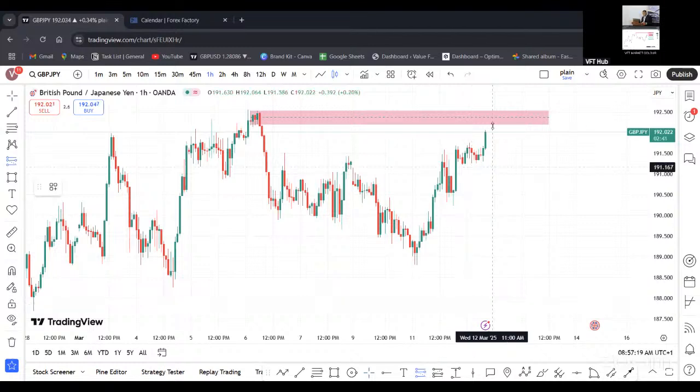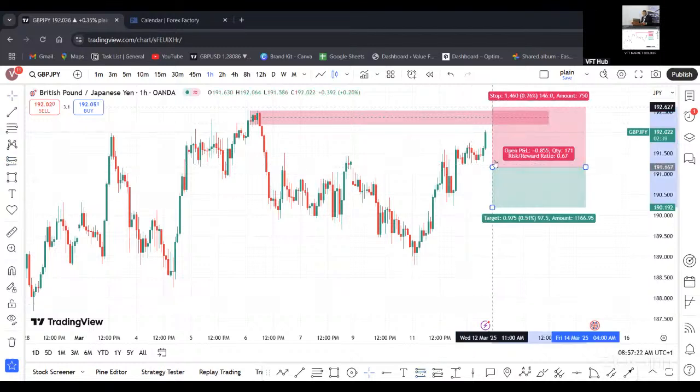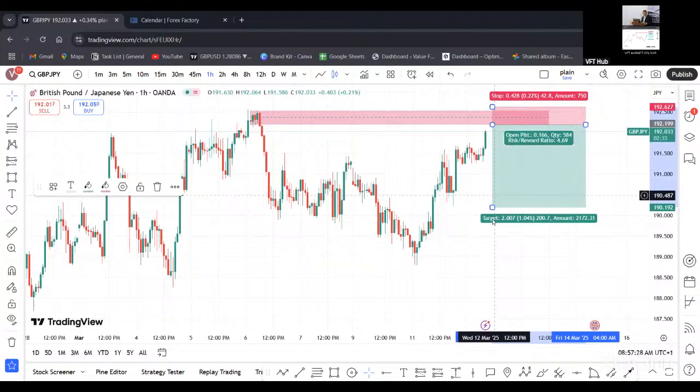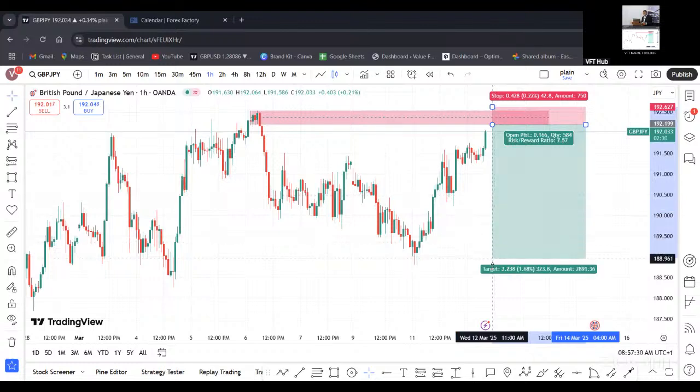So let's briefly put our tool right there. And then we'll be looking to sweep all the liquidity residing below.